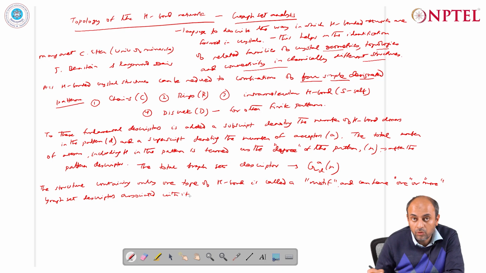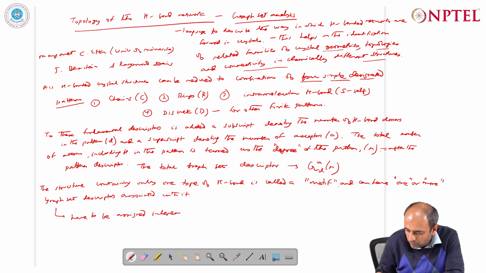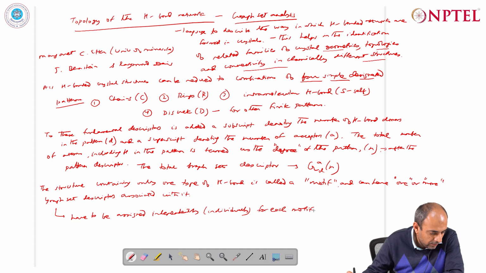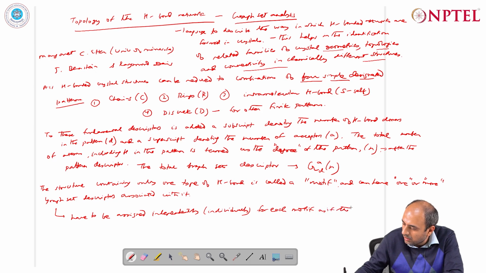And when you have more complex crystal structures where more than one motif is present in the structure, then you have to assign a graph set descriptor for every motif separately. So the graph set descriptors have to be assigned independently, that is individually, for each motif as if the others were not present.